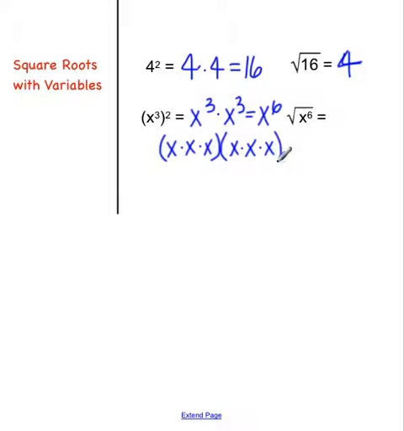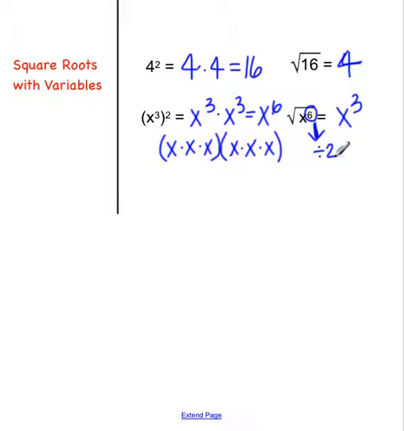So that means that x to the 6th, the square root of it, is x cubed, which means that if we're square rooting it, we're going to take that exponent and divide it in half, divide by 2.